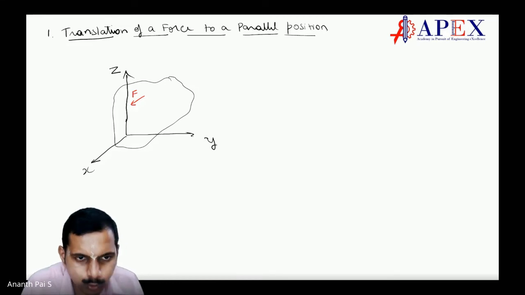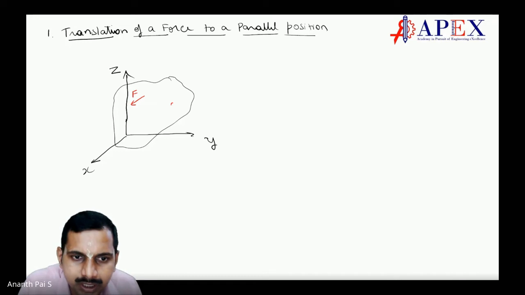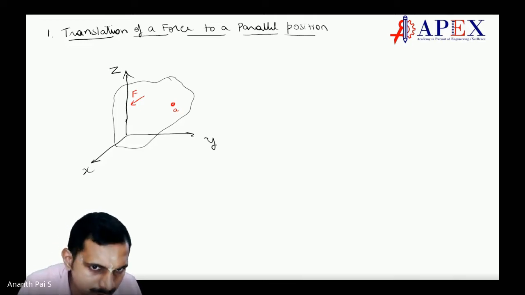Now this force, if I translate to another position here, say this is position A, this position A I have to translate to. So what I should do is, let me put a force here and then a force here.